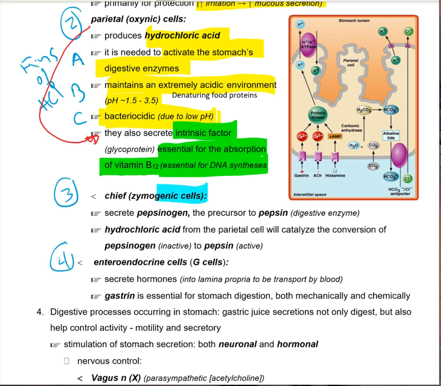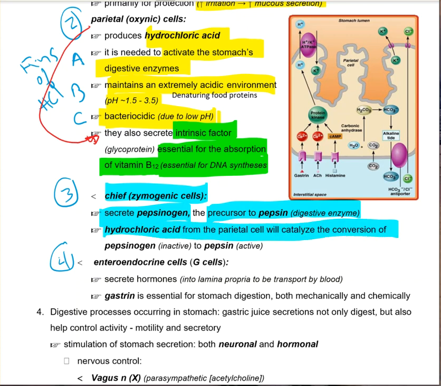So these chief cells secrete pepsinogen, which is the precursor to pepsin, which is one of the main digestive enzymes. And hydrochloric acid is what catalyzes the conversion of pepsinogen to pepsin. So we said up here that hydrochloric acid is needed to activate the stomach's enzymes. Here it is happening right here. Hydrochloric acid will take the inactive pepsinogen and turn it into active pepsin.